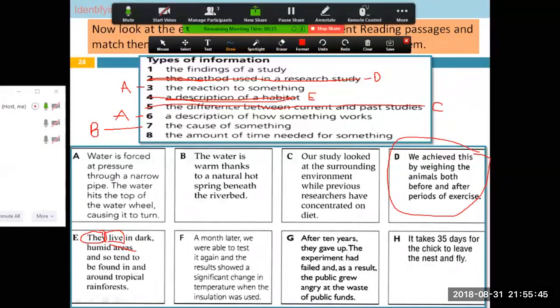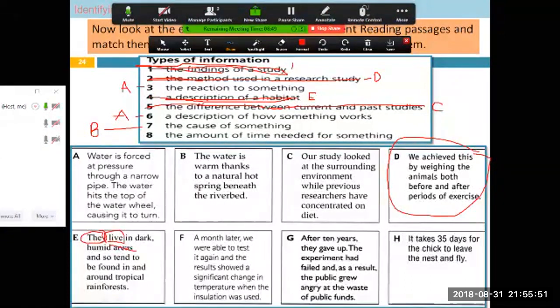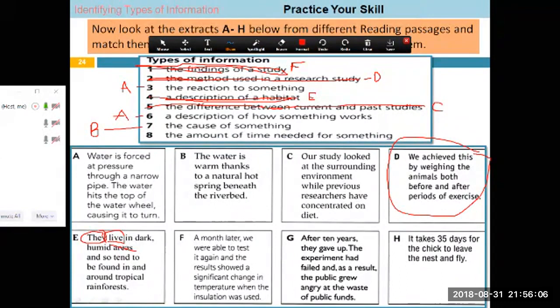Only one thing that you should know, sometimes this becomes a trick. You know, sometimes things may get a little confusing. You may be given two options, like if in the above options 1 to 8, if I add one more option here, that is the results of a study. So is it a finding or is it a result?